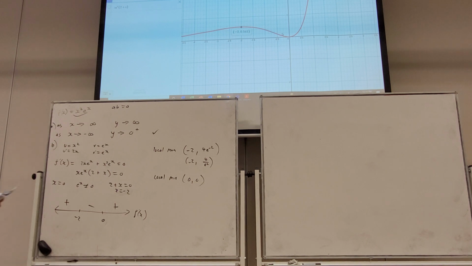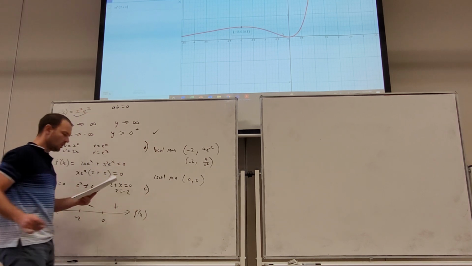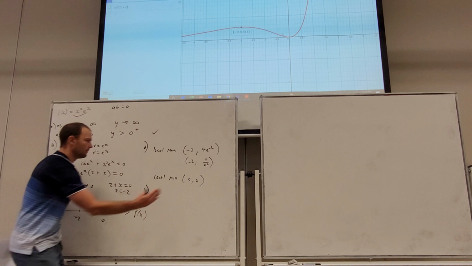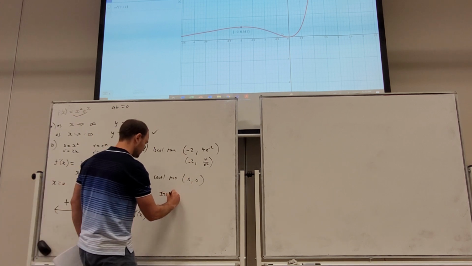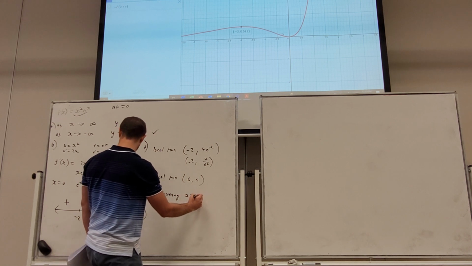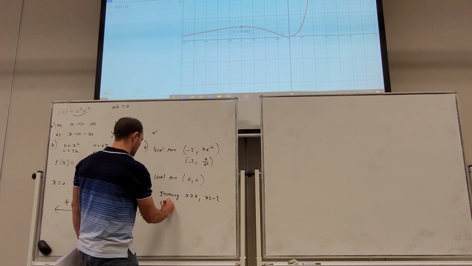Oh, sorry, I skipped to part, that's D, isn't it? So let's answer part C. When is it increasing, when is it decreasing? It's increasing for values less than minus 2 and larger than 0. So here's part C. Increasing: x is greater than or equal to 0, and x is less than or equal to minus 2.